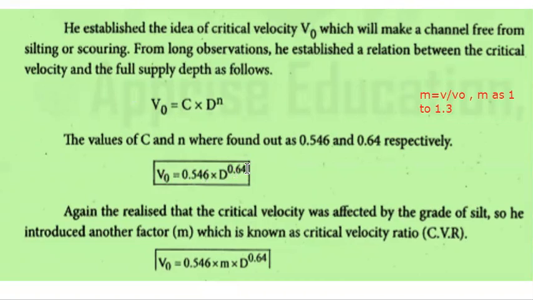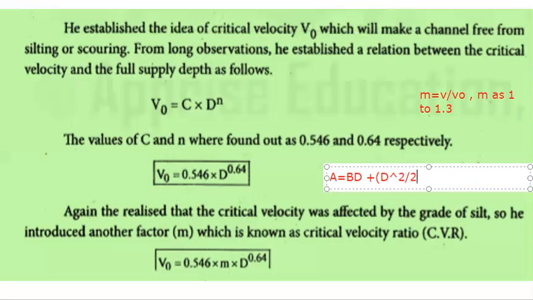And the area of cross section A is equal to BD plus D square divided by 2, right? So the area of a section is calculated by A is equal to BD plus D square by 2. And also assume a side slope of half is to 1 ratio.